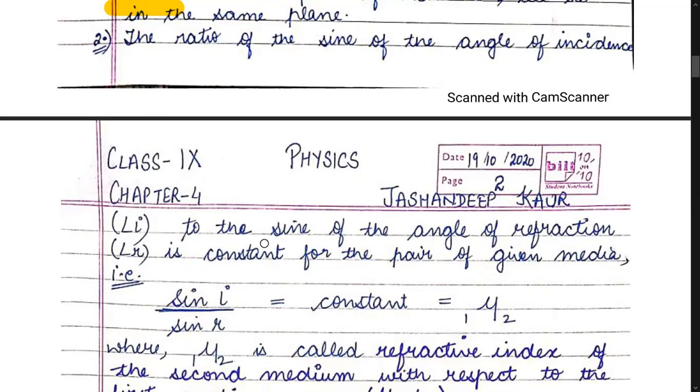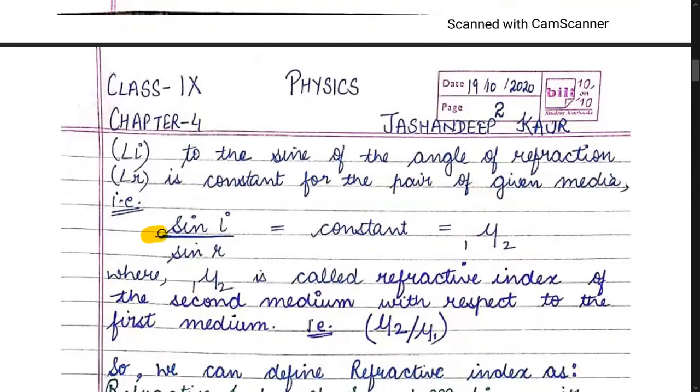So it is the sine of angle of incidence divided by sine of angle of refraction, and their ratio is constant, which is given by 1 mu 2.